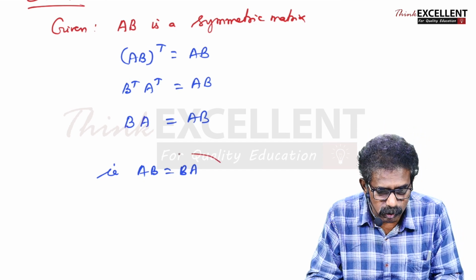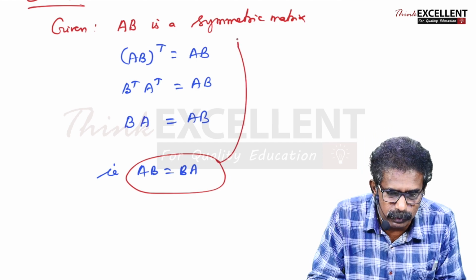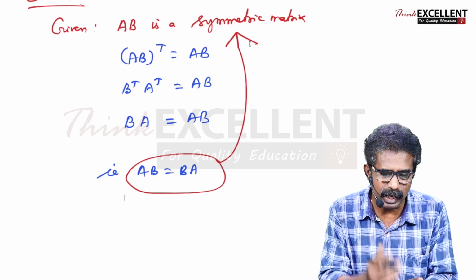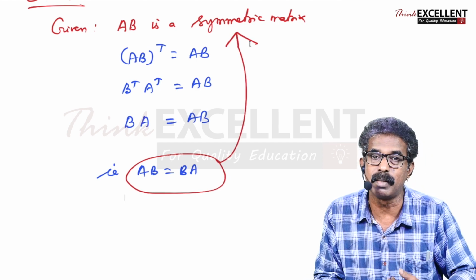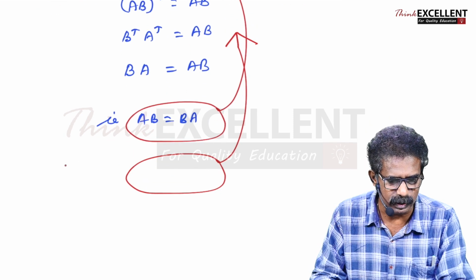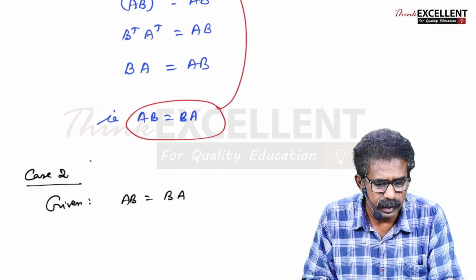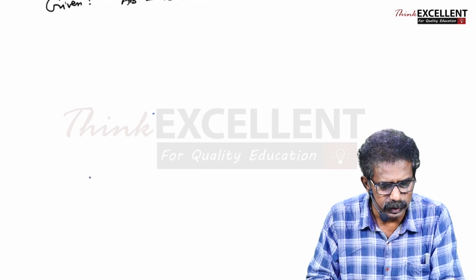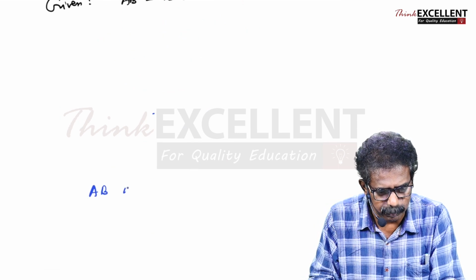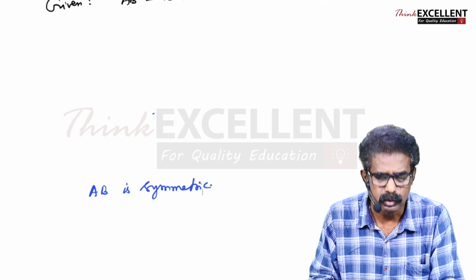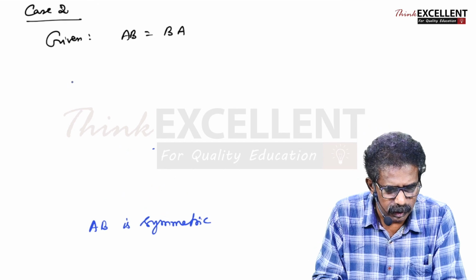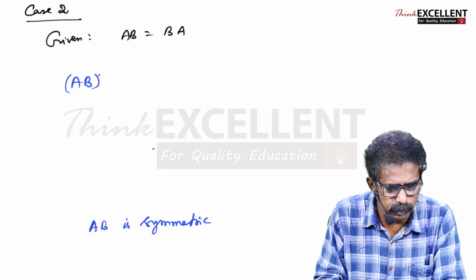Case 2, assume this and you prove this one. Assume AB equal to BA, you prove AB is a symmetric matrix. So that is case 2. Given AB equal to BA, we have to prove AB is symmetric, right? So how can you prove AB is symmetric? You find AB transpose, right?